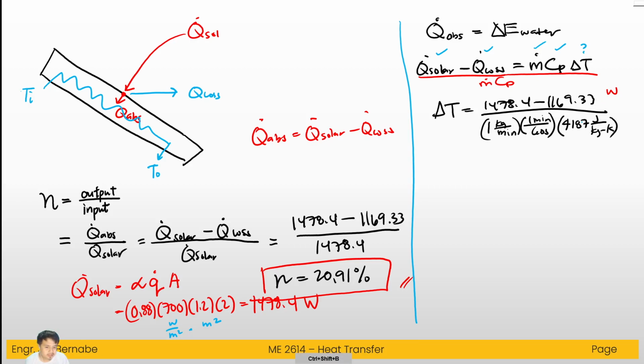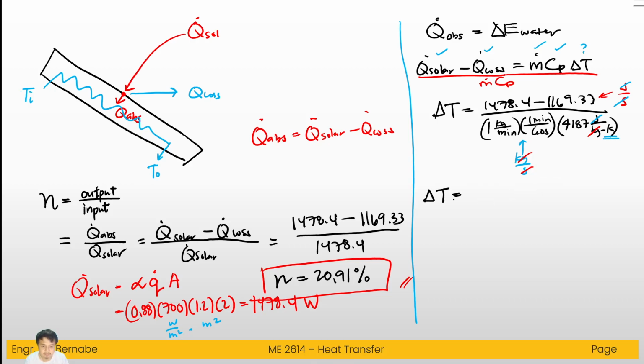Okay, so we can cancel the kilogram. And then we know that watts is in joule per second, so we can cancel the second, and then we can cancel the joules. So it will be in Kelvin.